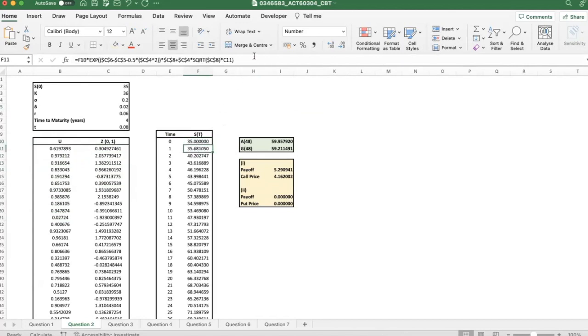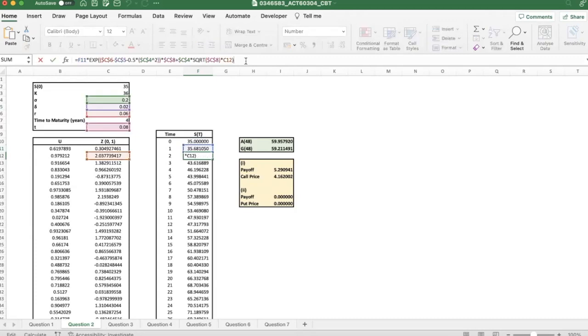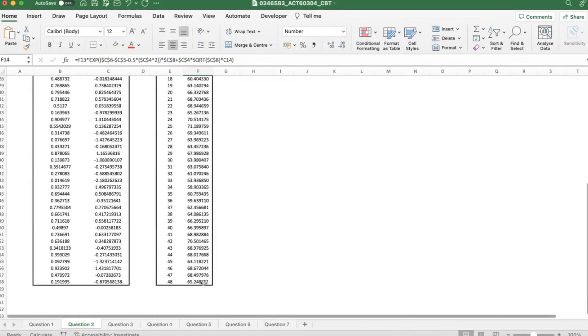And then as you can see moving on, we used the stock price at time 0 to generate the stock price at time 1. And moving on, at time 2, we use the stock price of time 1 to generate the stock price of time 2 by using the second z-score. And it goes on, moving on for the following numbers as well, all the way until time 48 here.